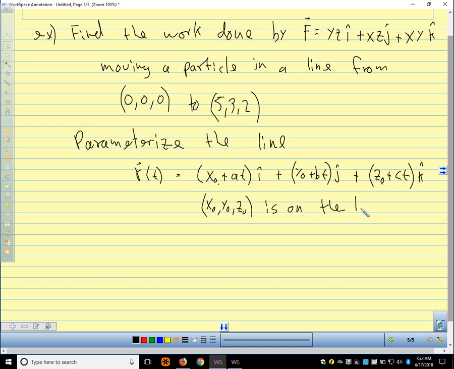Wait, wasn't there a part of this that had a plus d? You're thinking of the equation of a plane, I think. x0, y0, z0 is on the line, and the vector a, b, c is parallel to the line. So what vector is parallel to this line? 5, 3, 2.